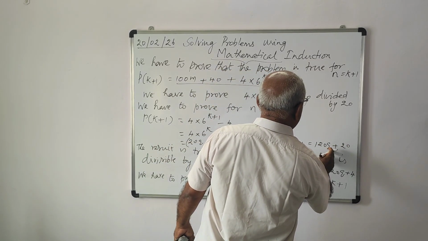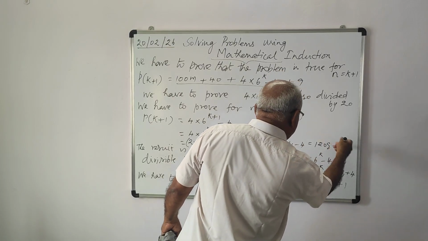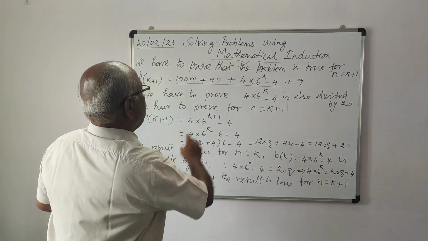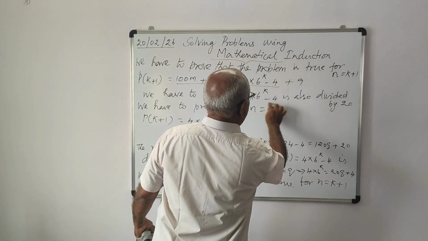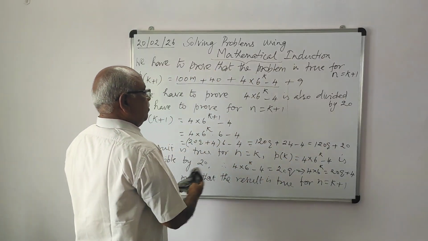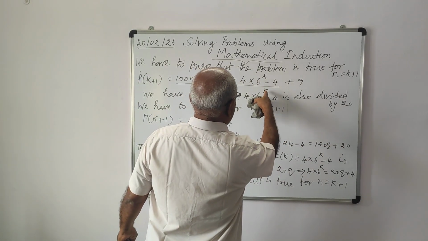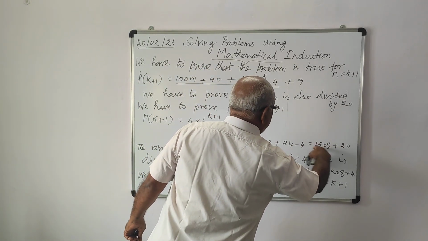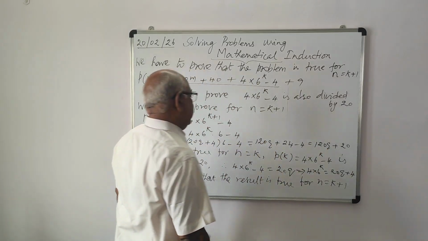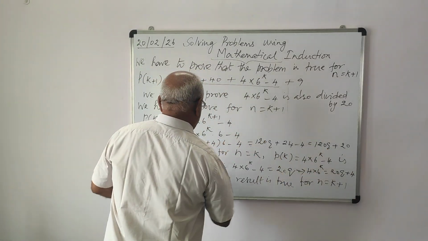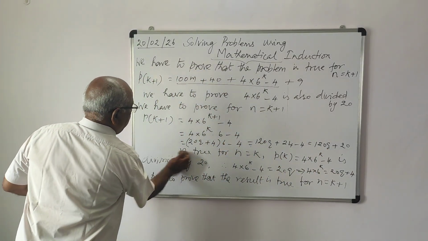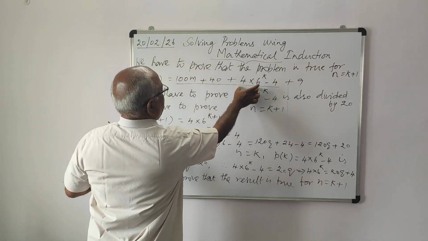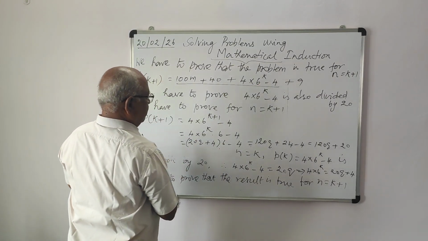So 120q plus 20 is divisible by 20 now. So this expression is also divisible by 20 by proving the induction method. We proved that this 4 into 6 power k minus 4 is also divisible by 20. It becomes 120q plus 20. It should be divisible by 20. So the second expression is also divisible by 20.